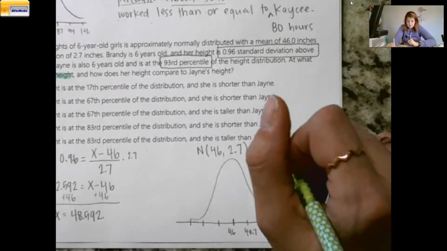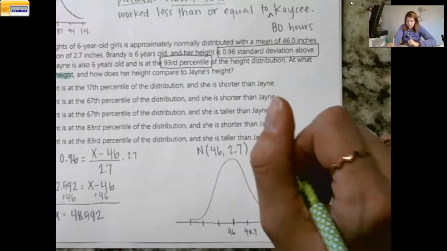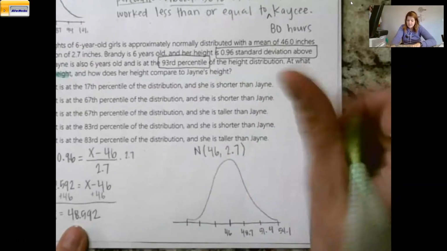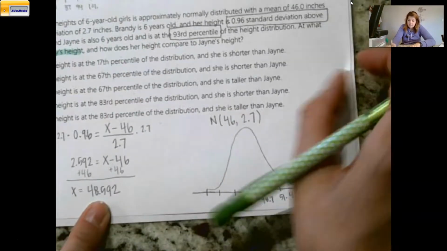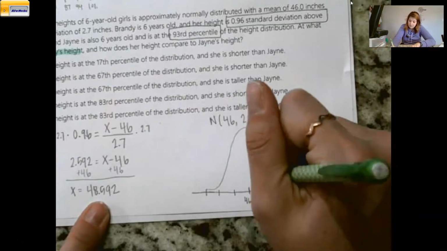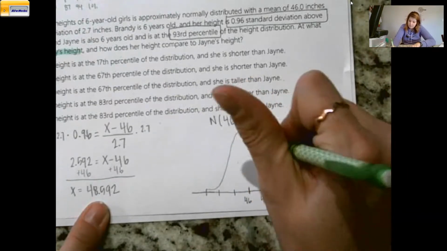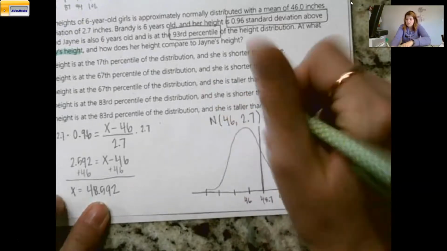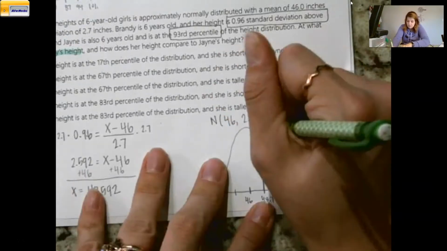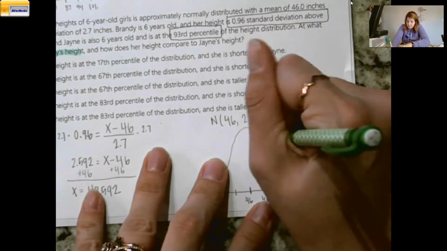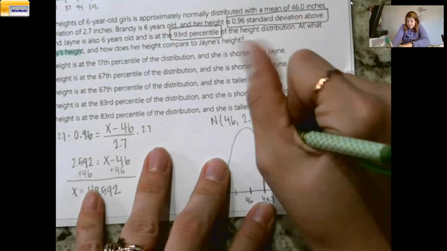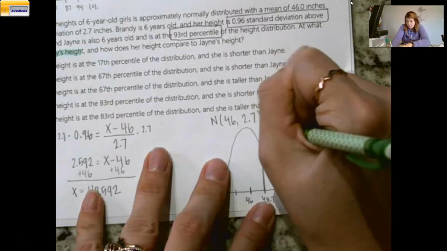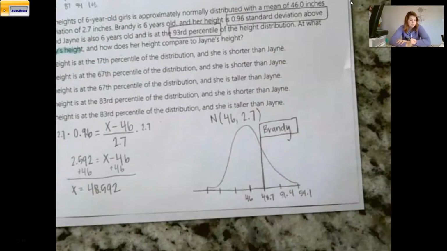Okay, well, where would Brandy fall on this normal curve? Brandy's height is 48.5, and luckily we have a standard deviation that is very close to that, which is 48.7. So we're going to put Brandy at that standard deviation because they're about the same.